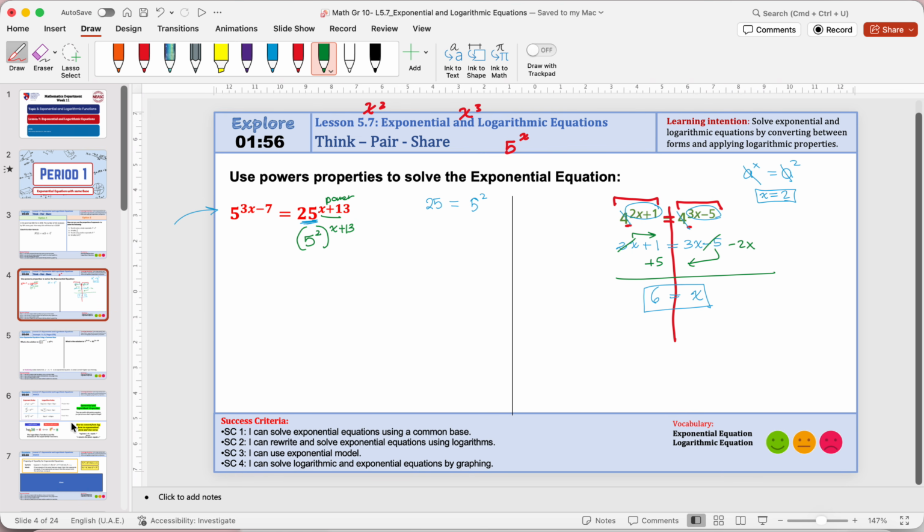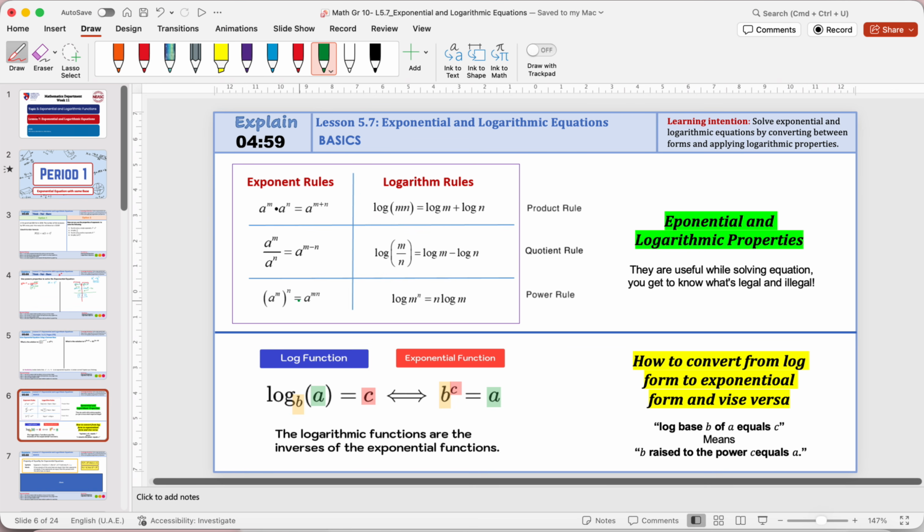Now there is again another nice property. As you can tell, I'm giving you a lot of properties. If you have a base with two powers, one of them inside the bracket, one of them outside the bracket, you can write it as one time the base with both powers multiplied. By the way, I kept for you many properties here.